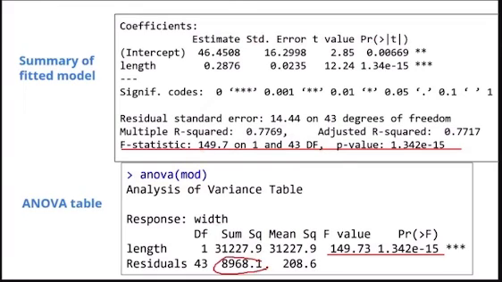R will not give you the total variation. Can somebody tell me what you are going to do to get the total variation here? You add them up. Yeah, you're going to add this and this. That will give you that 40,000 that I showed you initially. Do you see now?